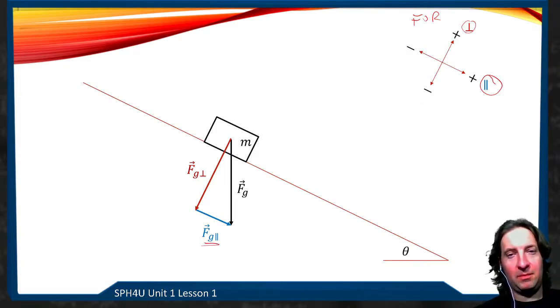The one that's perpendicular is just pushing on the ramp, and if that was the only vector that was there, the mass would just somehow bury itself into the table or into the ramp. But because there's a ramp, there has to be a normal force that opposes it. Remember normal force? This is the force that opposes it. It's normal, at right angles to the surface.